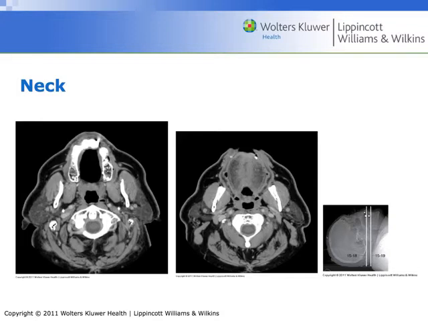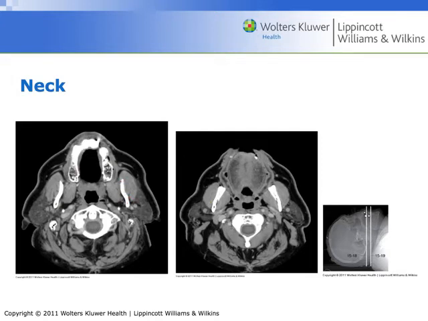Okay, a whole lot of anatomy here in the neck. Maxillary bone. Oral vestibule. Masseter muscle. This is the ramus of the mandible.